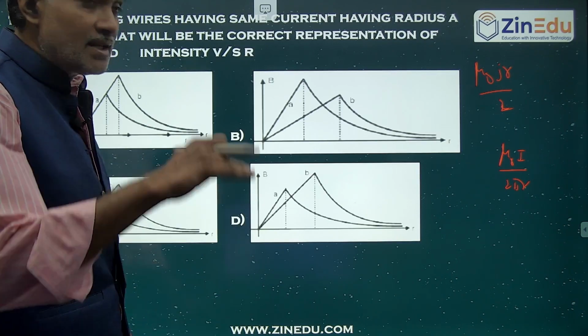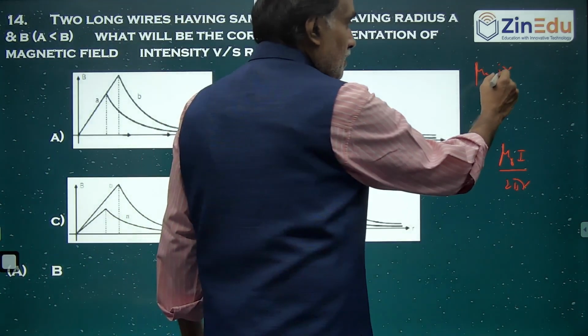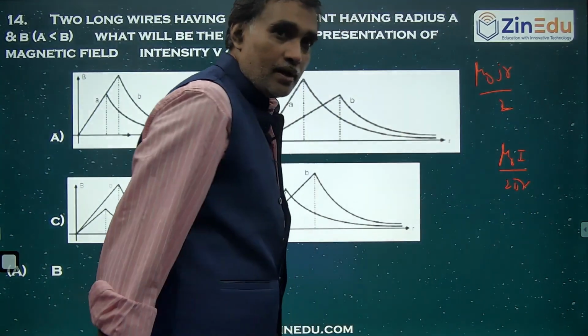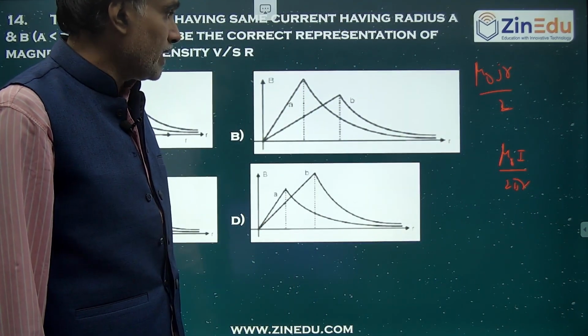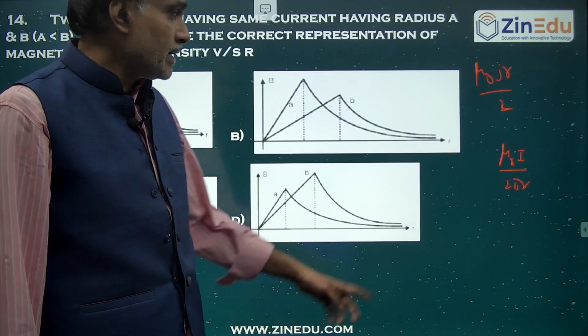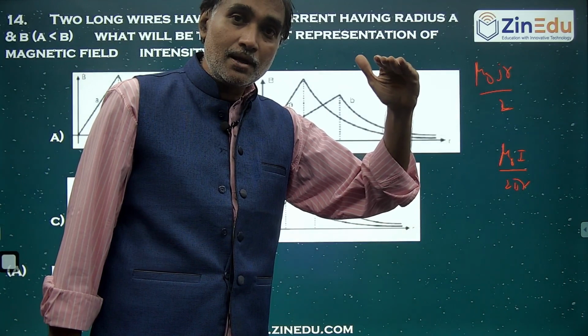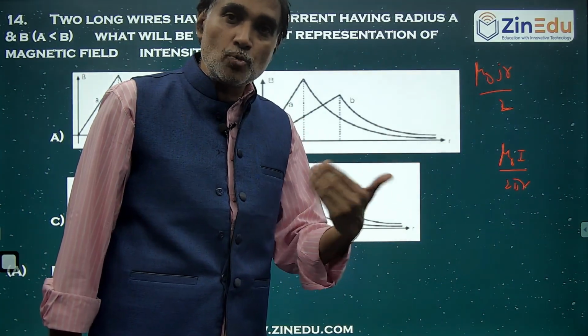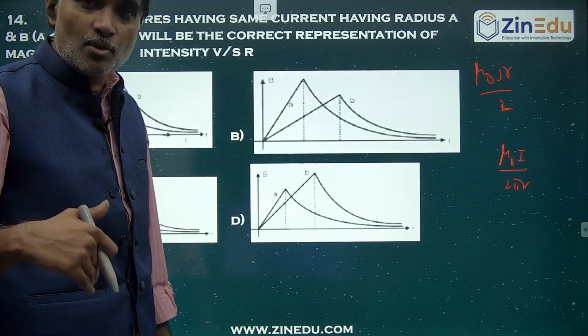Then on the circumference, what do you get? On the circumference, you can write mu naught I by 2 pi r. So at distance A, on the circumference, the magnetic field for the first wire is mu naught I by 2 pi A, inversely proportional to the radius. So A is smaller, the radius is smaller, so the magnetic field will be more.